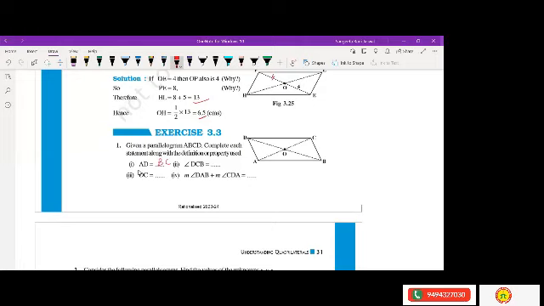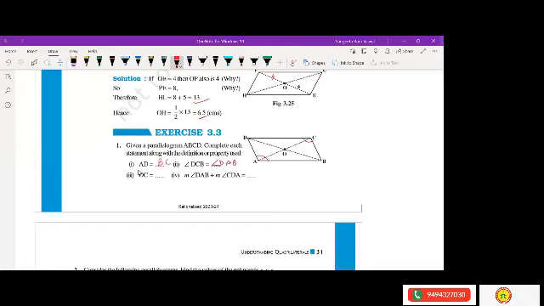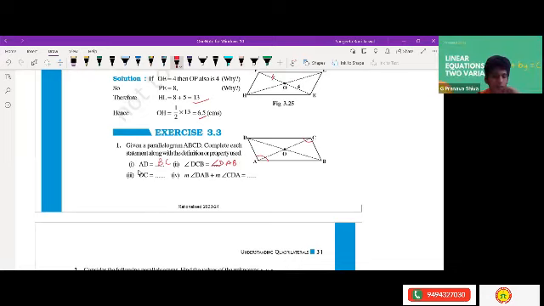See, in the properties you read that opposite angles of a parallelogram are equal. So this is DCB. Its opposite angle is DAB. Okay, now here OC. OC is equal to what? OA. OC will be equal to OA.